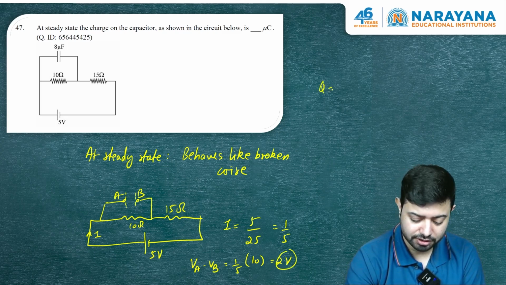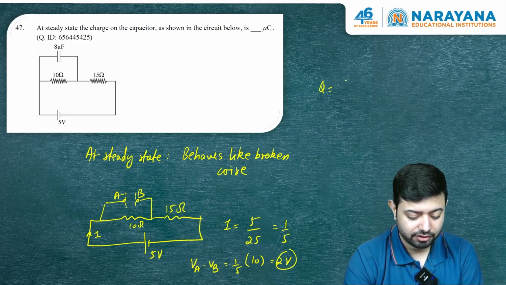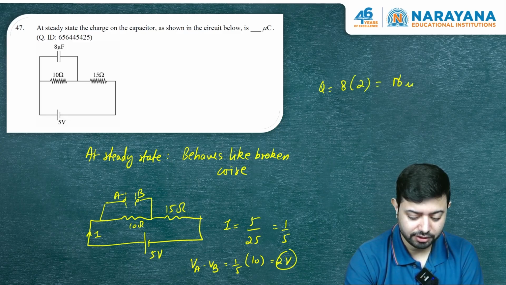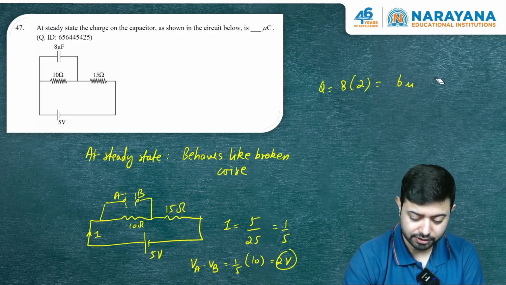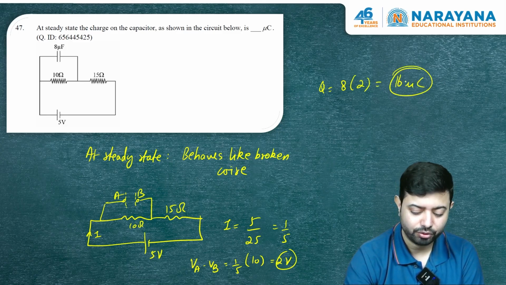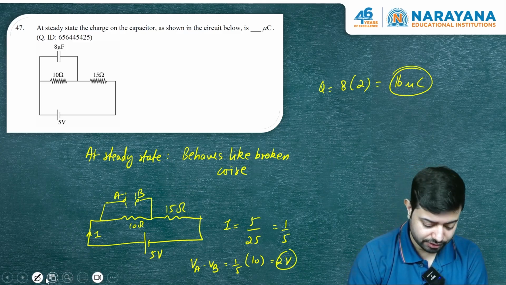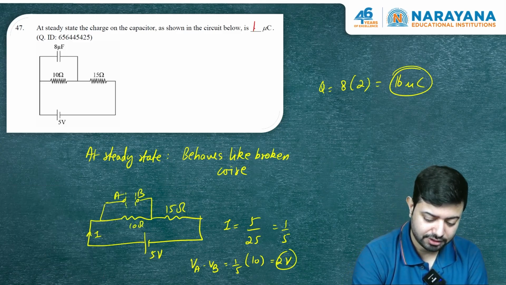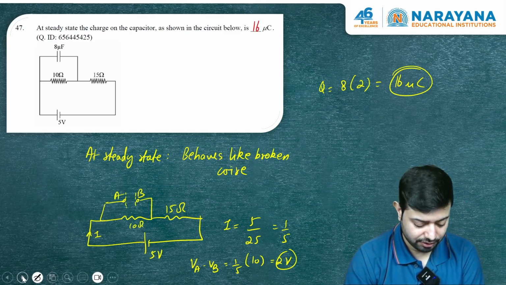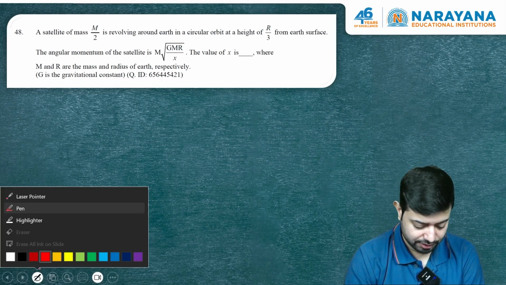So, what is the charge? Charge is CV. C is given as 8 microfarad and voltage is 2. So, overall answer is 16 microcoulomb. So, what is the correct answer as an integer? 16. All right. Let us move forward.